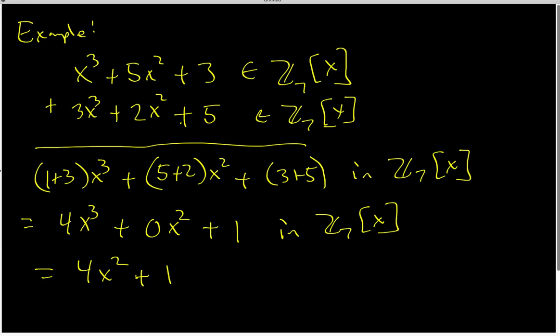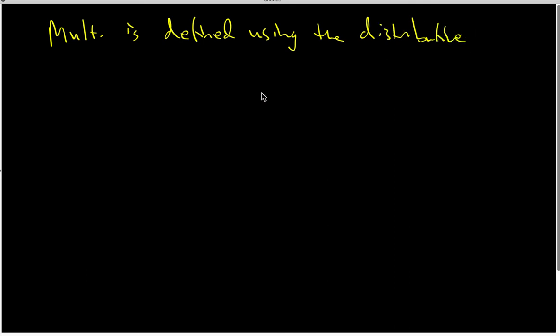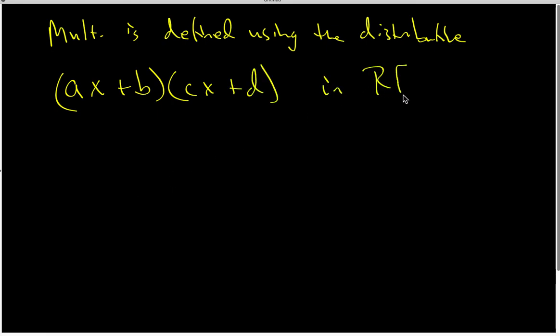Multiplication is defined using the distributive law, because we don't want to break the distributive law. So in other words, if I've got something like ax plus b, and I want to multiply it by cx plus d inside of a polynomial ring, we basically have to do the distributive law twice.